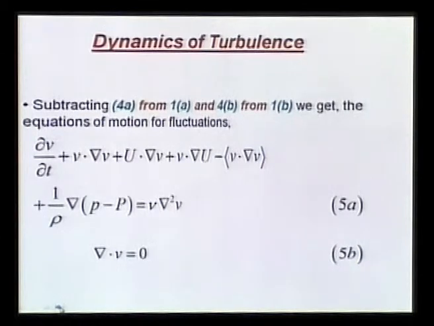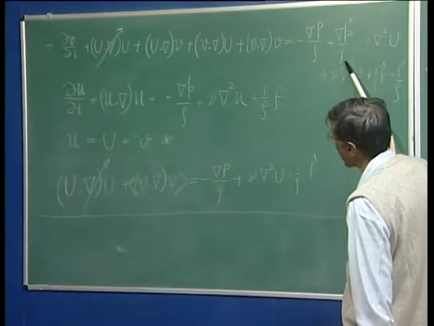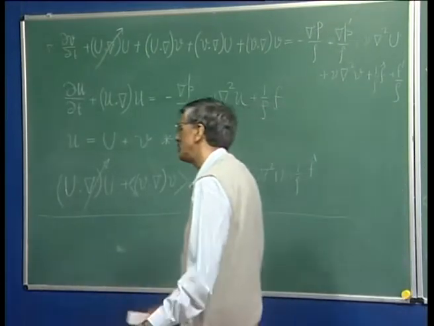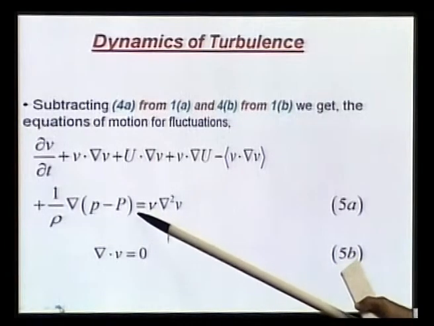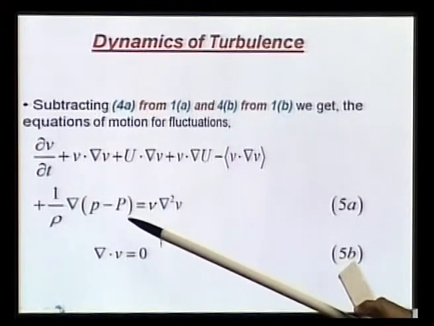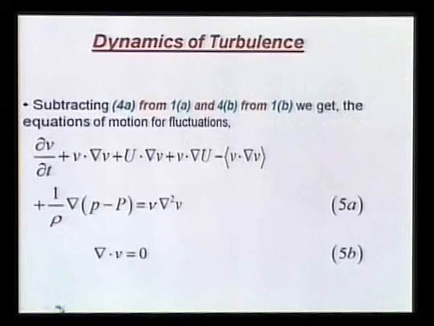Then of course I could see that this one will cancel, so I will get minus del P prime by rho, or instead of writing del P prime, I will write del of P minus capital P. That is your P prime anyway. And this part will cancel.